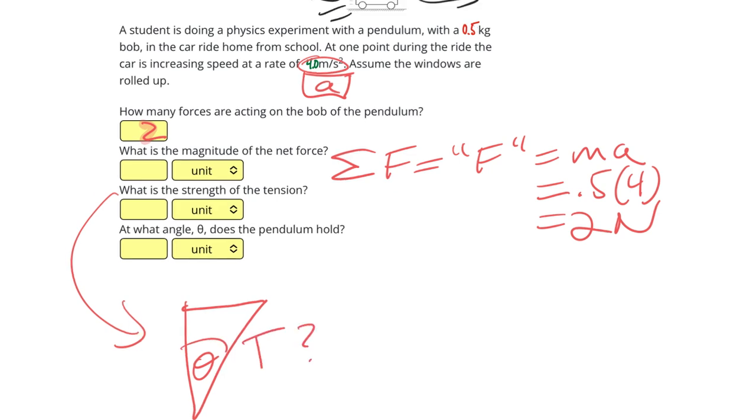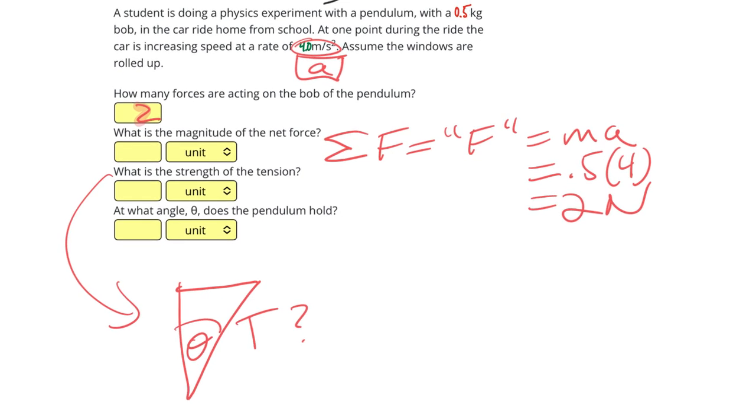And I know the x component because Tx has to equal that fake force right there if the thing's at rest. Well, relative to the car, it's at rest. The rosary that's hanging from the rear view mirror. So that is equal to 2 newtons.